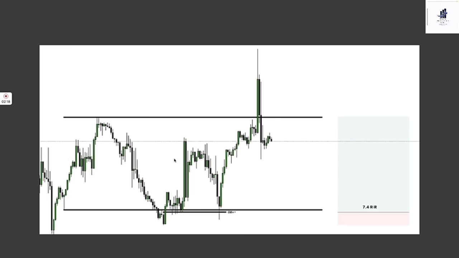As you can see right here, we hit the midpoint of the range. We came all the way back down. OTE entry, hit the order block once again, heading all the way to the opposing end of the range. This right here was a 7.4 RR trade. This is what CRT allows you to do.